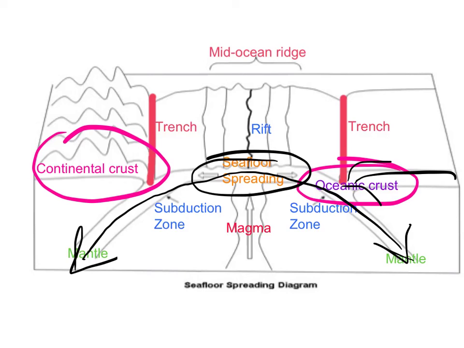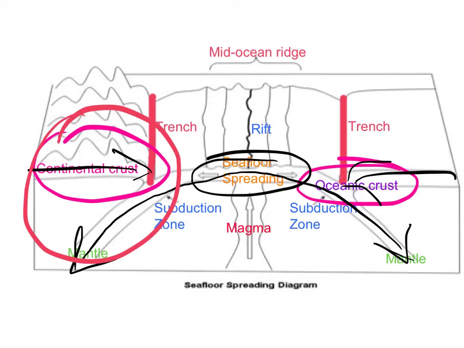And we also have two plates colliding in this area, which is preventing the earth from getting larger. So it's kind of, in a way, maintaining the size of the earth, or maintaining equilibrium, by spreading in some areas and then compressing in other areas.